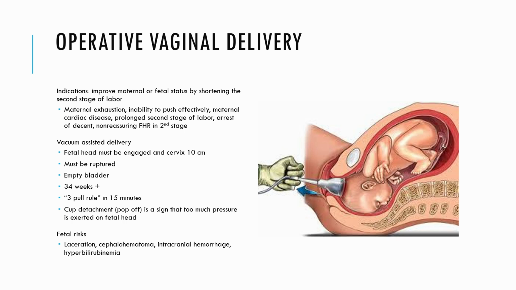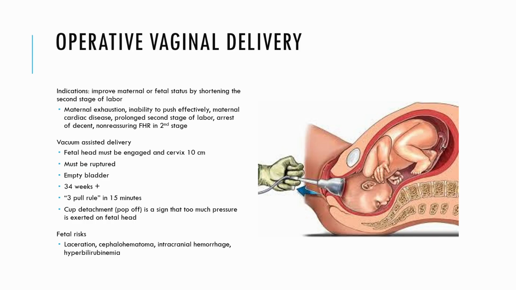She just can't do it anymore. Okay, so the provider could recommend, let's try putting a vacuum on and helping assist with the delivery. Maybe mom is unable to push effectively. Maybe she has some sort of cardiac disease in which she shouldn't go through the strain of pushing.